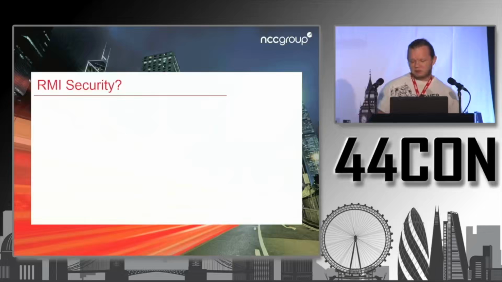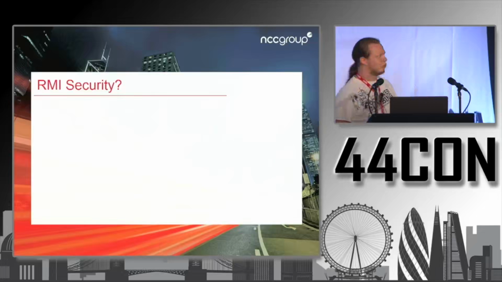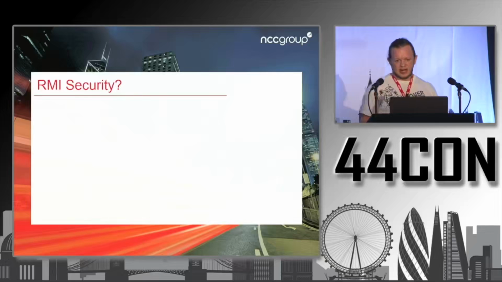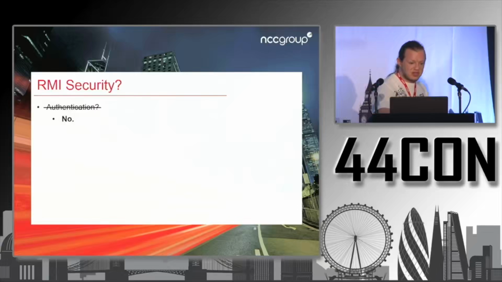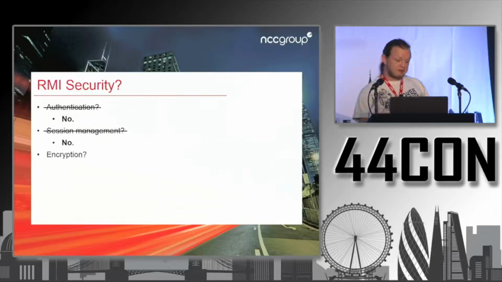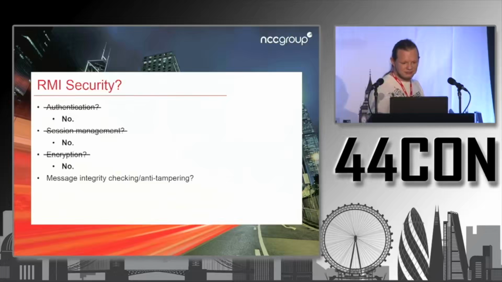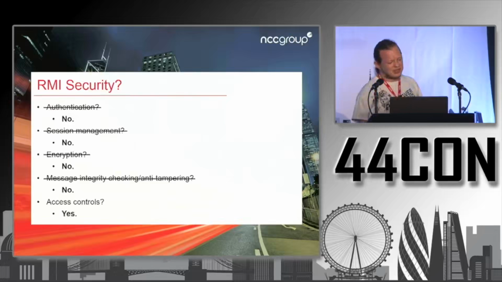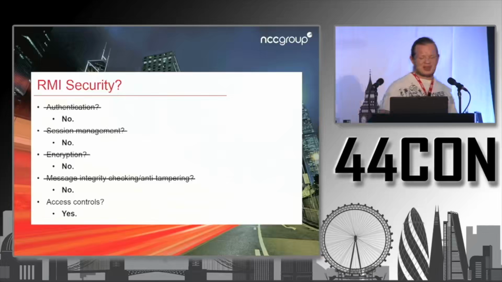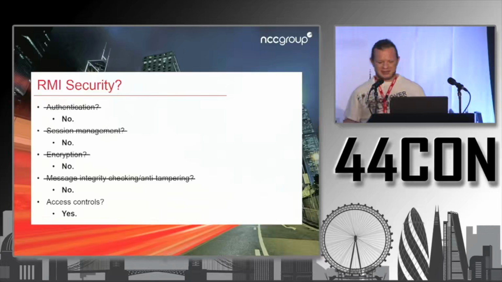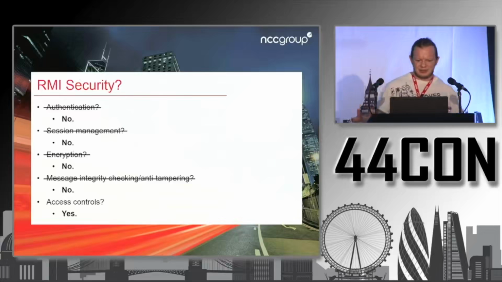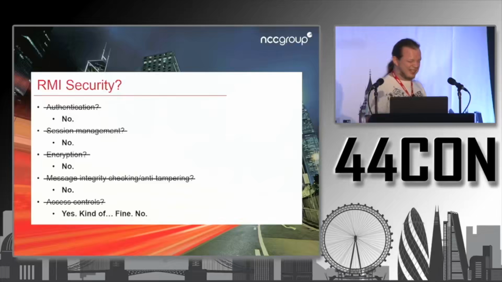So I looked at what security controls RMI actually has, and it doesn't have any. Except we can sort of argue that we've got access controls because you can't bind, unbind, and rebind from a remote host, but actually not really.